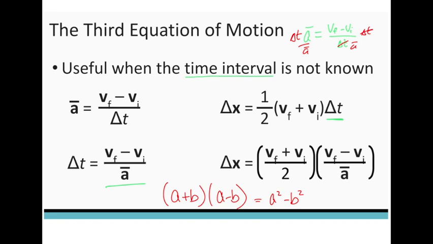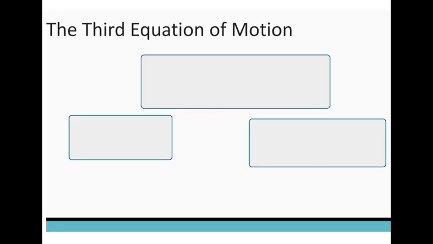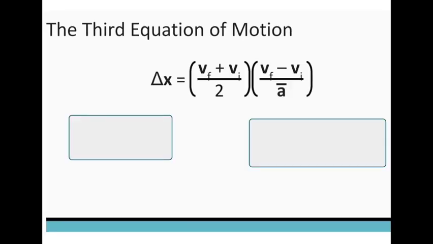So what do you think would happen if I multiplied those two fractions? I would get the first one squared minus the second one squared, and on the bottom, I would just have 2 times my acceleration. Everybody see that? Yes? No? I promise that's what happens, but you can FOIL it. You're just multiplying your numerators and your denominators.